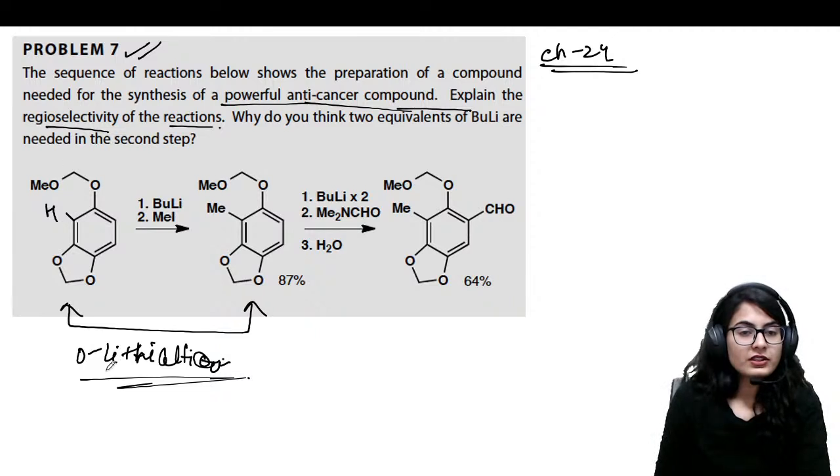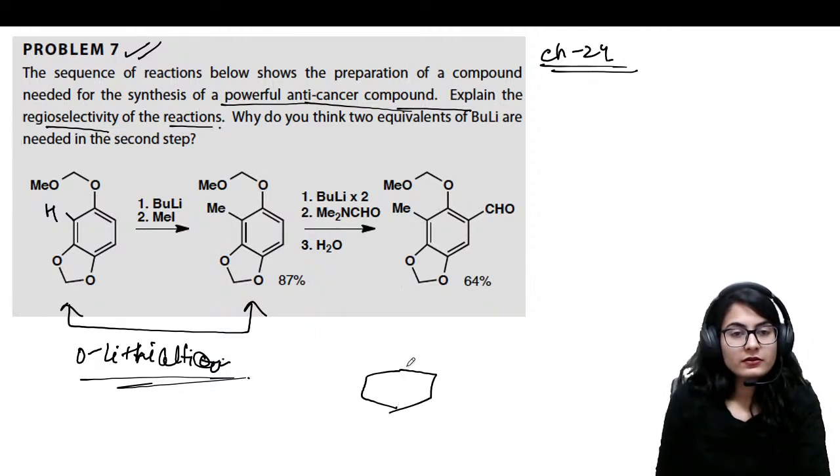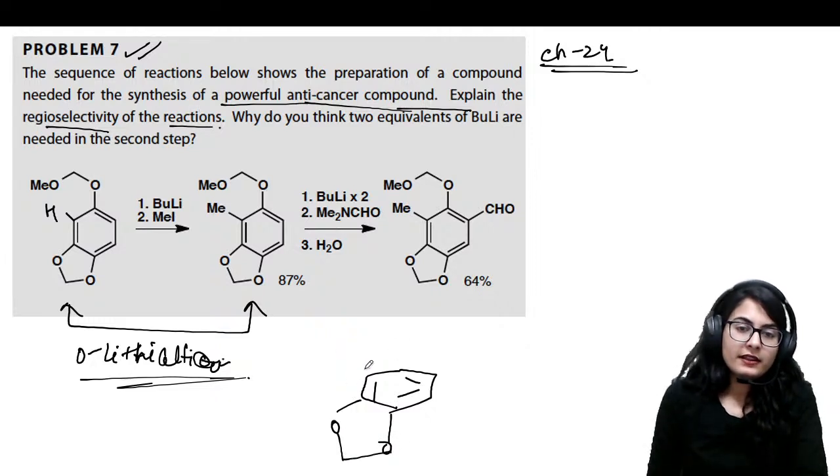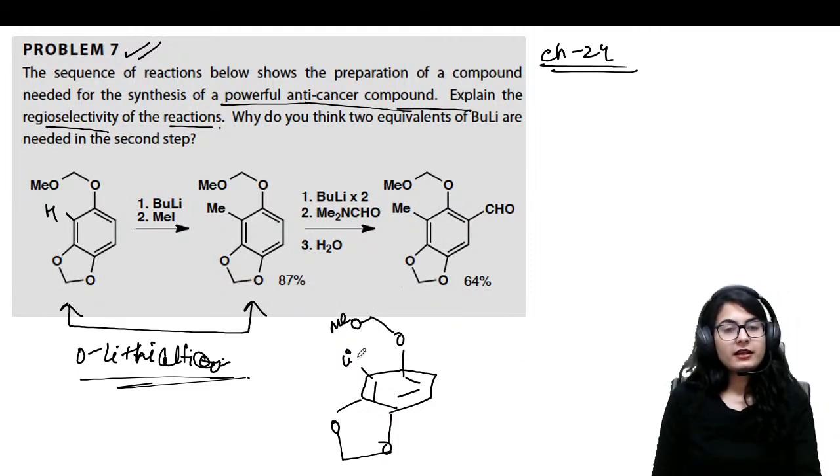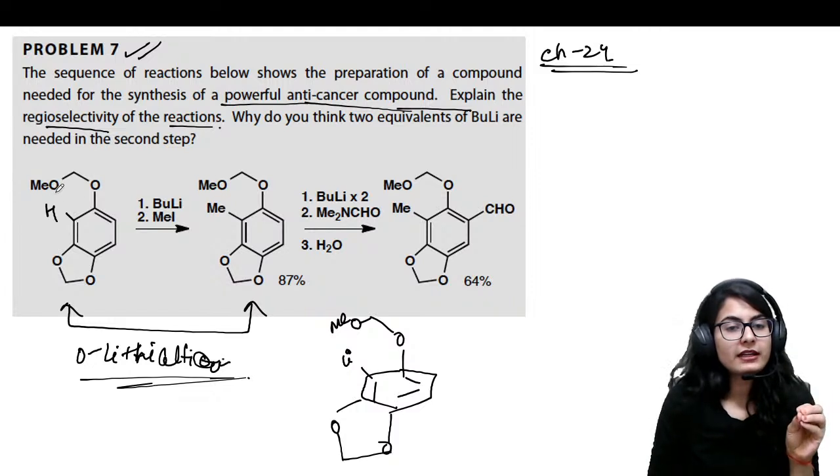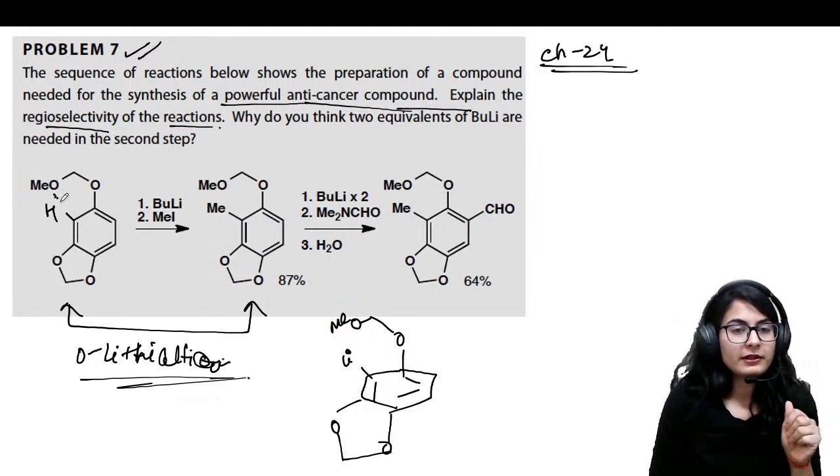All right, this oxygen is going to... Okay, there will be a lithium. Where did the lithium come from? Because there was an OMe group here, right? So connecting to that, you will have lithium and butyl group.